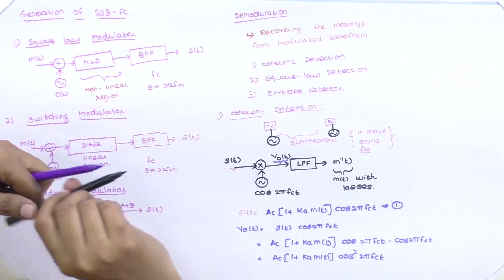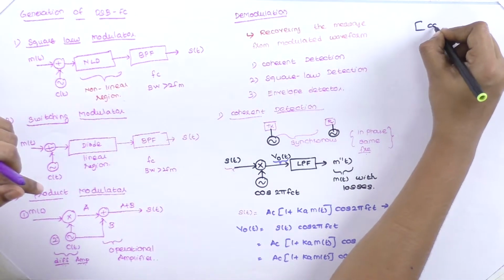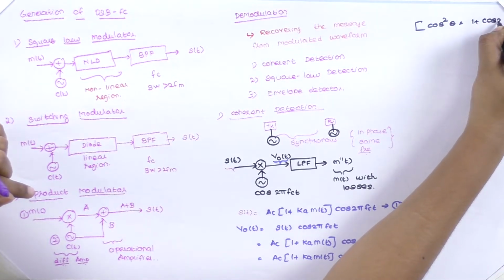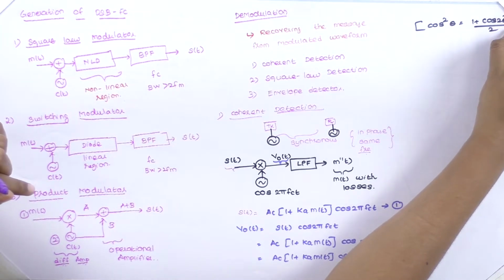We know from the trigonometric identity that cos square theta is equal to 1 plus cos 2 theta divided by 2.